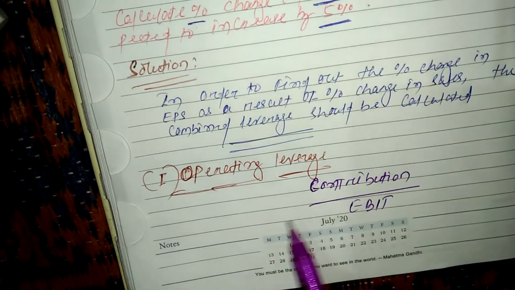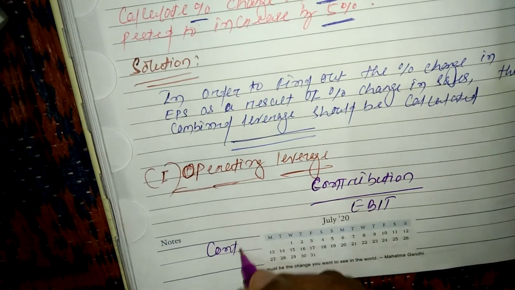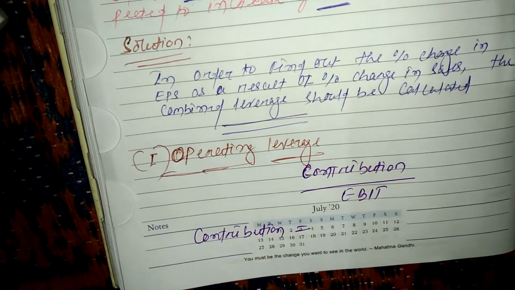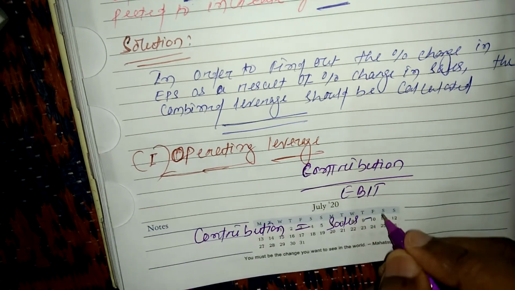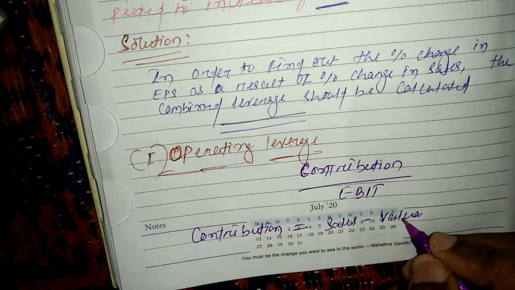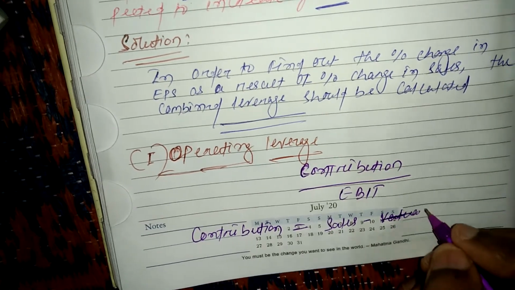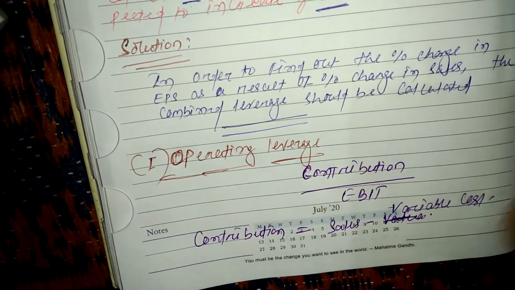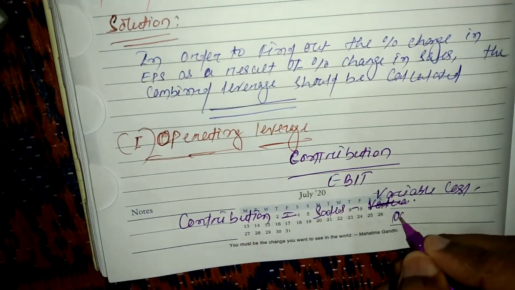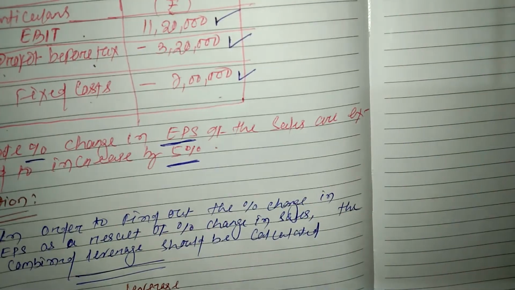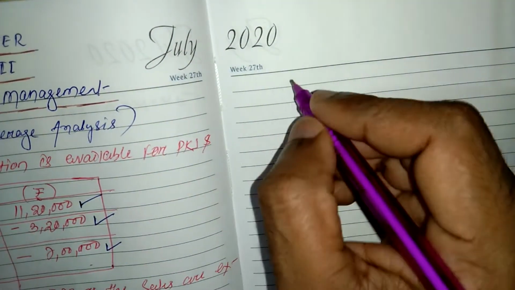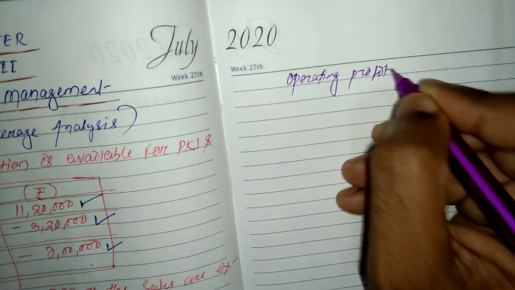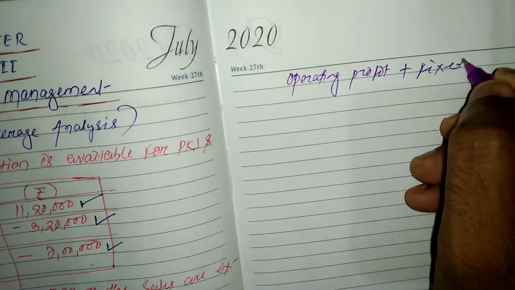As we know, contribution is equal to sales minus variable cost, or you can say operating profit plus fixed cost.